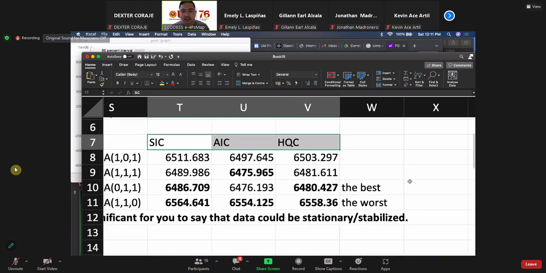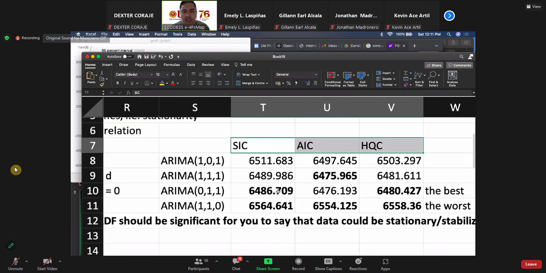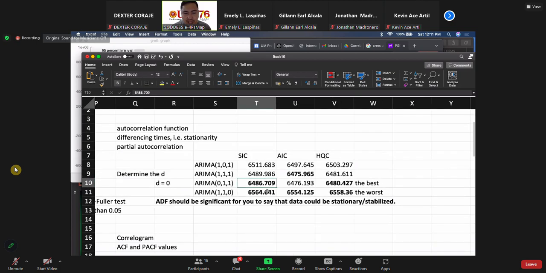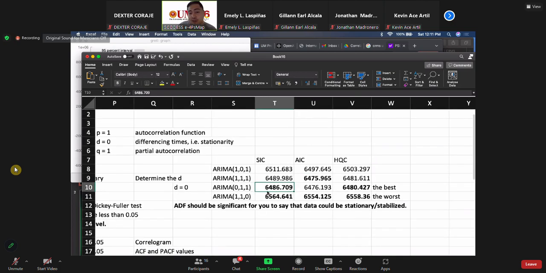You get the best values by determining the lowest among them, and then you make use of that. You would conclude that this could be the best model that represents your time series data. So, we have questions here.